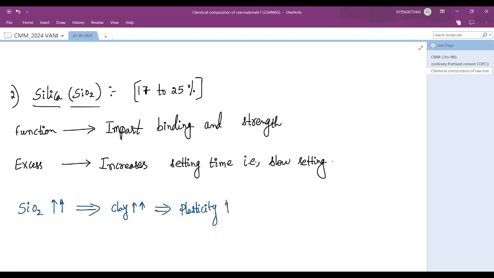As the plasticity is more, more time is required for it to vanish. Hence it increases setting time.